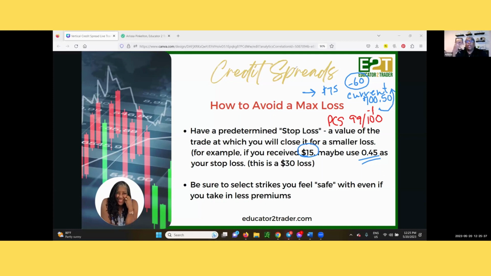Now, one way you can help remedy this instead of putting in a stop loss is to put in an alert. You could put an alert on that chart that says, if the price gets to 101, basically let me know. So that way you now know to be watching this particular stock to see what it's doing.